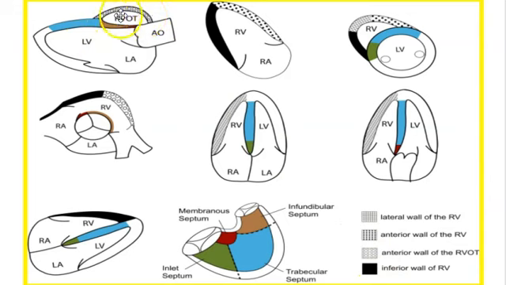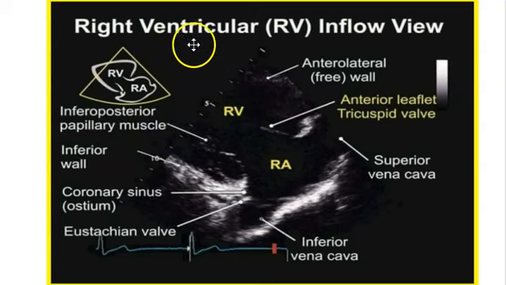The anterior wall of the right ventricular outflow tract right here. And this is just a little more detailed view of that particular area and what you see in that view. I won't worry too much about that.